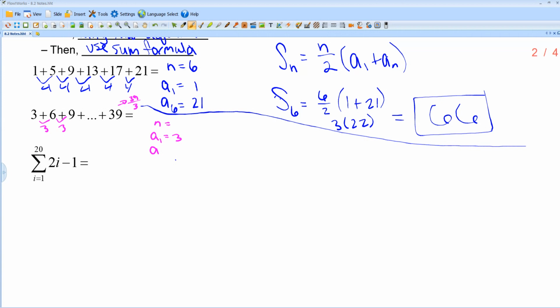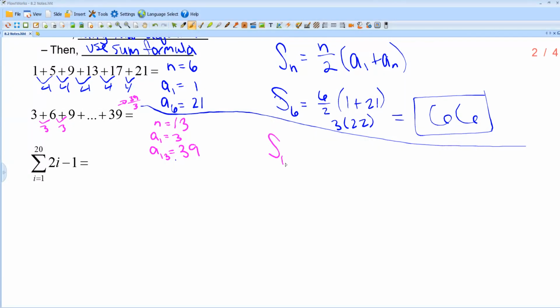Not always exactly the case, but I'm going to get here a term number saying that there are 13 terms. And then that's going to mean that a sub 13 is equal to 39, the last term in the sequence. We already knew this was the last term. I could have filled this in, but I just didn't know what that number was yet.